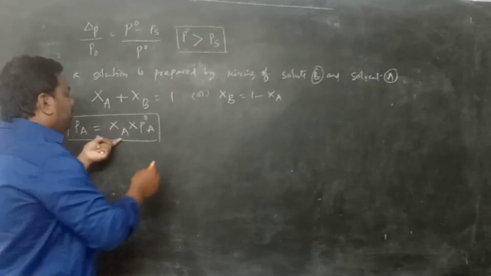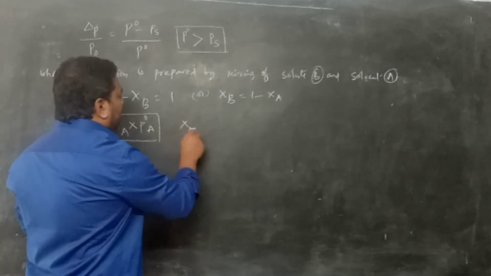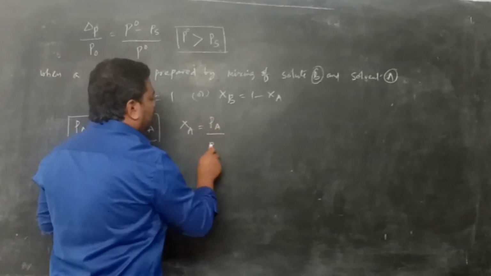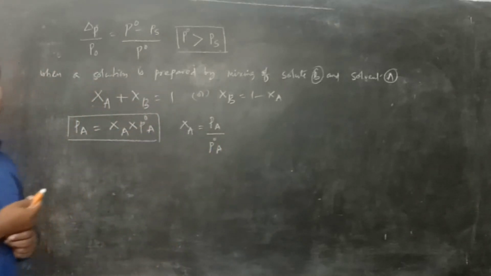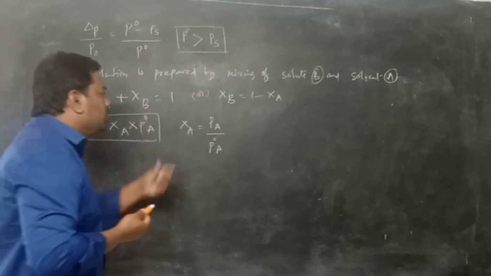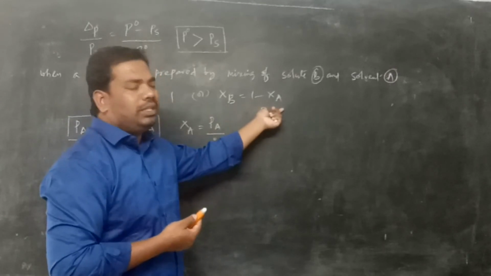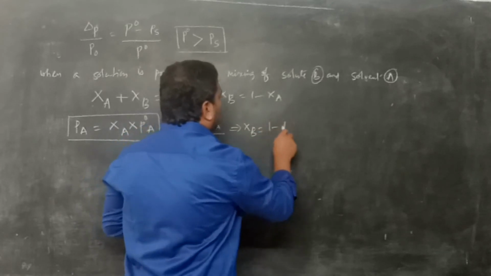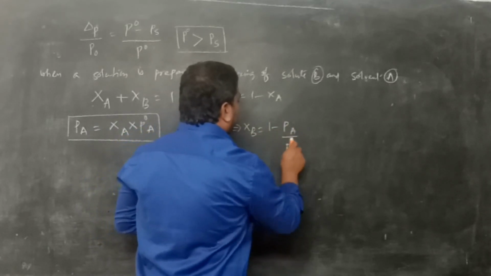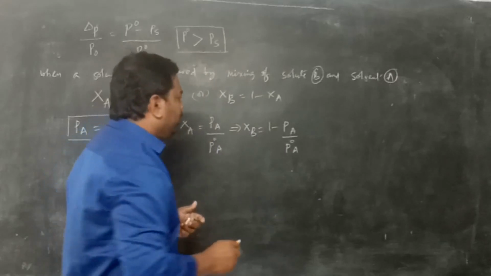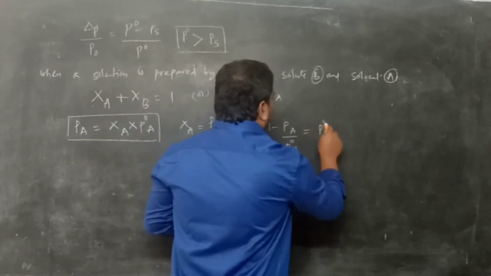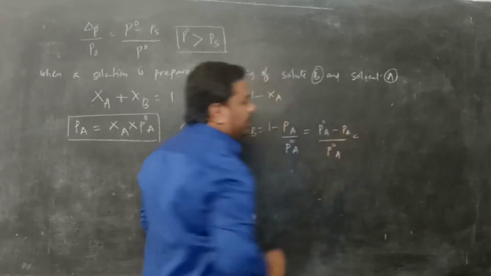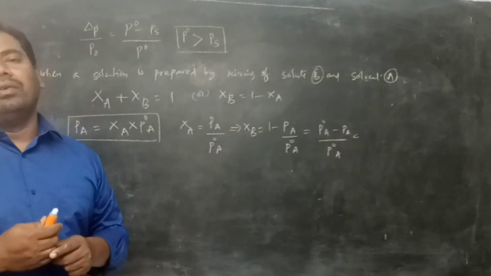Okay. So here we will write XA is equal to PA by P naught A. We will substitute XA into this equation, so XB is equal to 1 minus PA by P naught A, that is P naught A minus PA by P naught A. So it represents the relative lowering in vapor pressure.